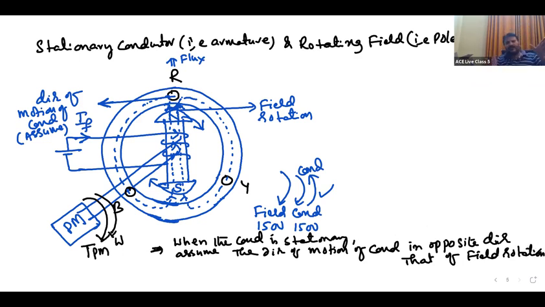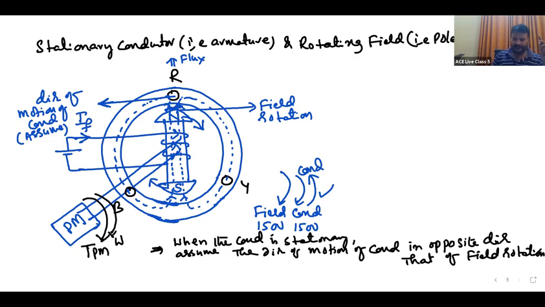The field is rotating clockwise, so I am assuming the conductor moves counterclockwise, tangentially. At this instant the poles are moving clockwise. The conductor is stationary, so assume its motion in the opposite direction. Now tell me the current direction in the R phase.